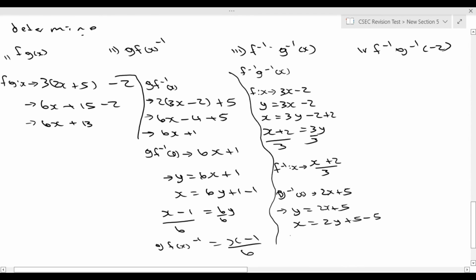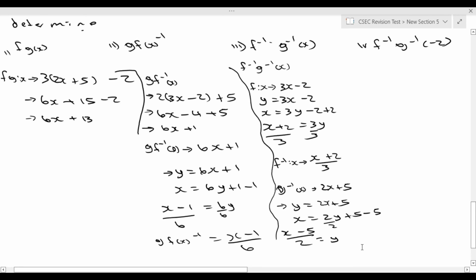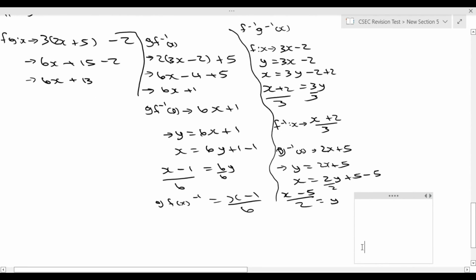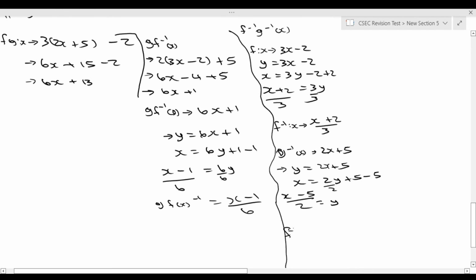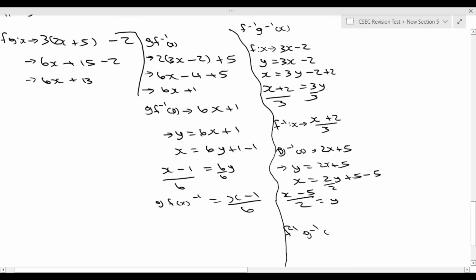Doing the opposite, minus 5, we have x minus 5, dividing by 2, y is equal to that. However, we are now going to find the composite form of f inverse g inverse of x.